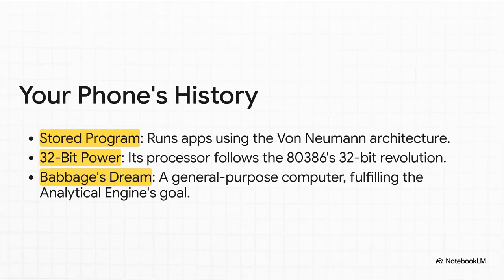So next time you pick up your phone, just think about the history packed inside it. Every single time you open an app, you're using von Neumann's stored program concept. Its super fast processor is standing on the shoulders of that 32-bit revolution started by the 8386. And the very idea of it, a single programmable device that can do almost anything you want, that is Charles Babbage's mechanical dream from 200 years ago, made real.